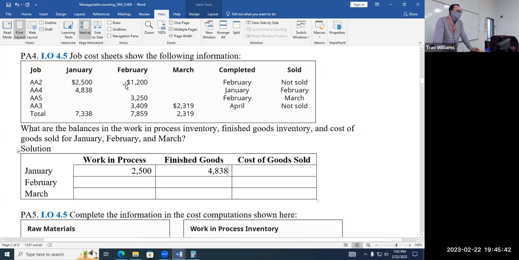Yes, but remember it's cumulative, so it's actually 3,700, right? So this first job that got completed in February, $3,700 of cost. But this job also gets completed in February, right? That's another 3,250. We need to add those together.